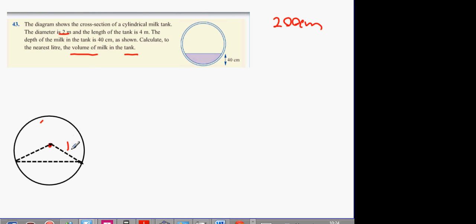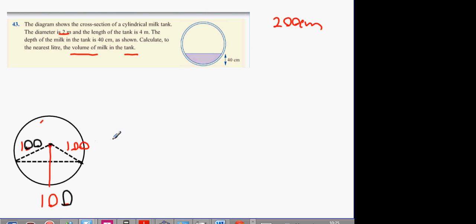That's 100, that's 100, and all the way down to the bottom is also 100. That's 100 as well.